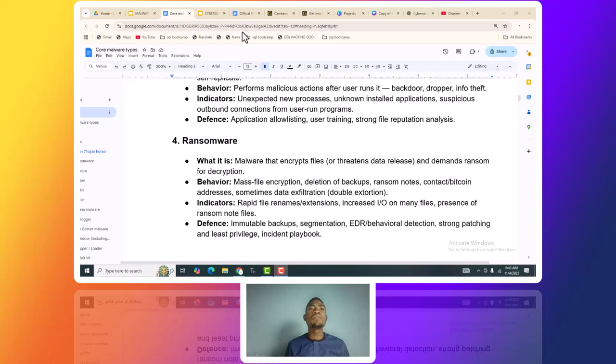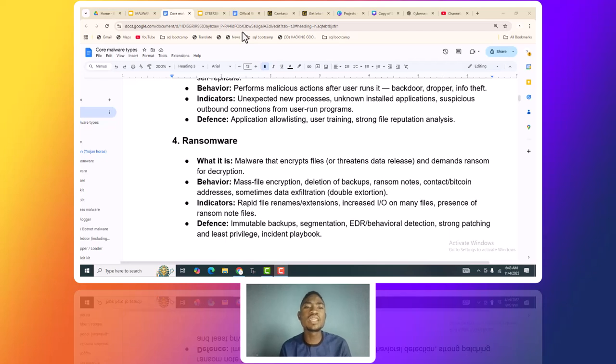And some of the behaviors that show, oh, there's ransomware in your system are mass file encryption, deletion of backups, ransom notes, contact or Bitcoin address, or some data exfiltration when it comes to double extortion. And so these are some of the behaviors that you see in ransomware.